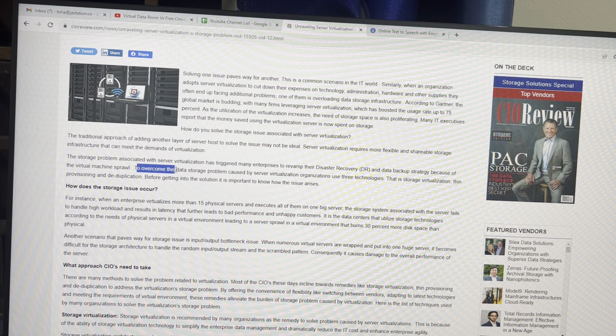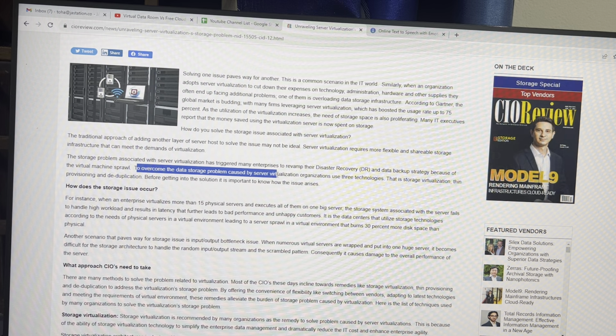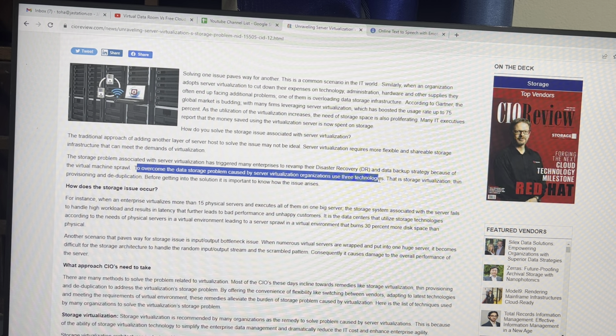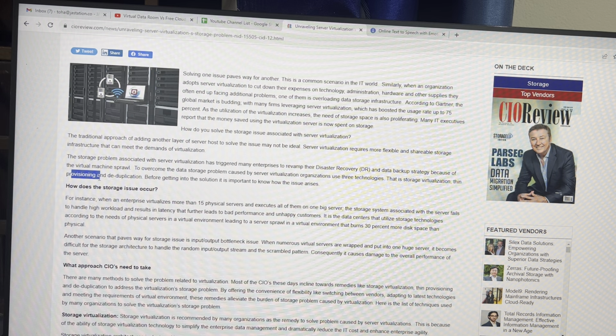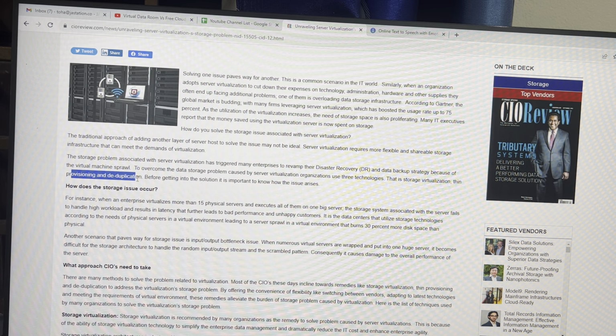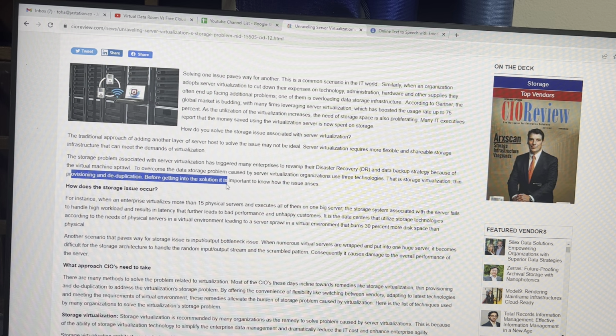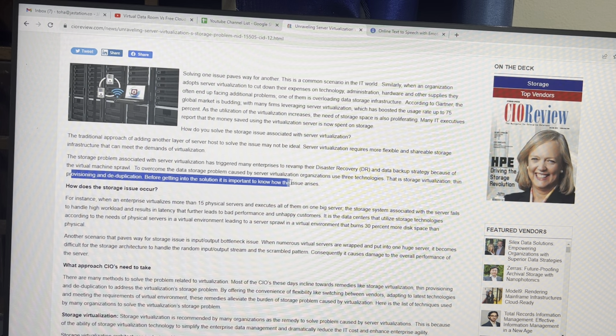To overcome the data storage problem caused by server virtualization, organizations use three technologies, that is storage virtualization, thin provisioning, and deduplication. Before getting into the solution, it is important to know how the issue arises.